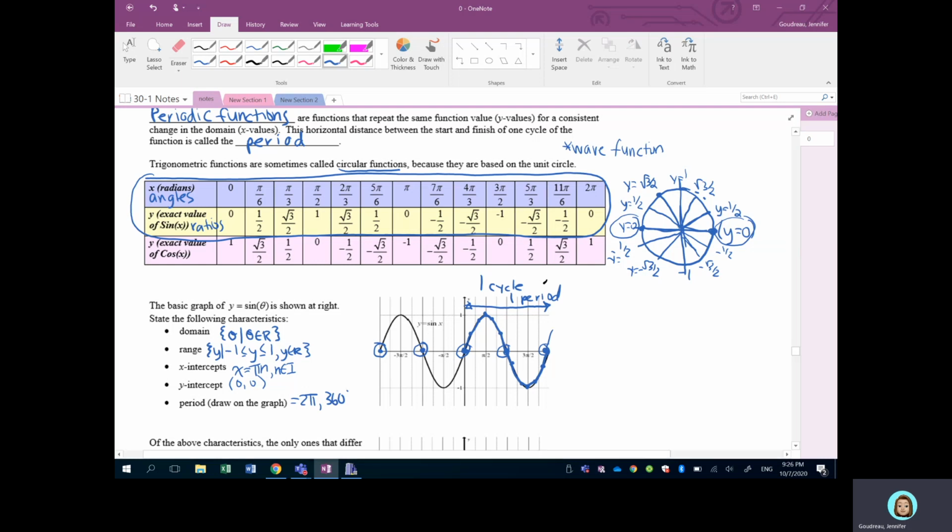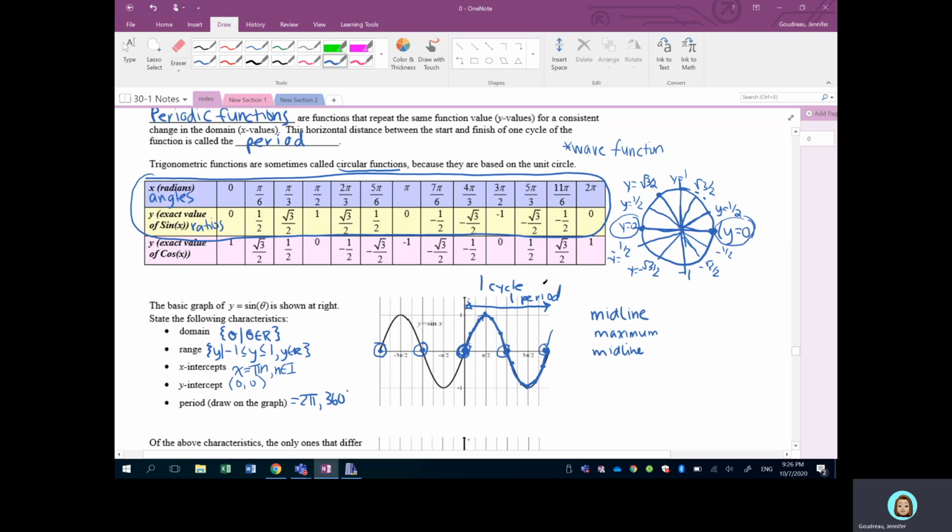Okay. What we also want to understand is that the basic graph of sine follows this same pattern. Sine always has a definite starting point at the midline, and then it travels up to the maximum. So this is the pattern that sine takes on. It always starts at the midline. So the midline is halfway between the max and the min. Then it travels up to the maximum point. It turns and goes down and passes through the midline.